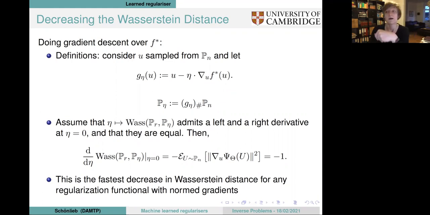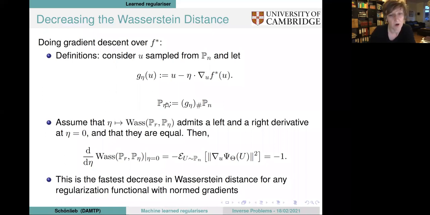This means if I'm starting with a sample from a distribution Pn, which is the distribution of noisy artifact images, and I take a step in the direction of the negative gradient of the regularizer, then I get new samples that I call G eta, and a new distribution that I call P eta.